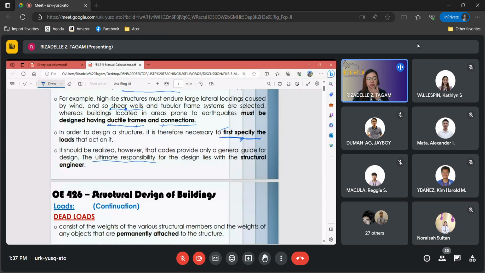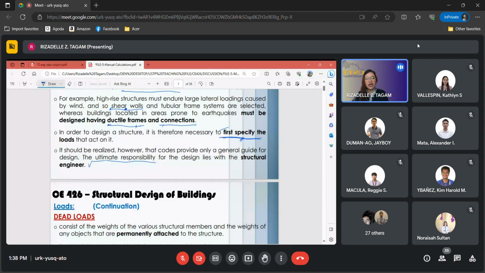Our NSCP, no, atong codes, ihatagan ta og mga standard loadings for us to have a uniform guide sa loading applications. However, kita as structural engineer, kita ang mo-solve. Kita ang mo-identify for the tributary area. Kita ang mo-specify asa ang location sa column.